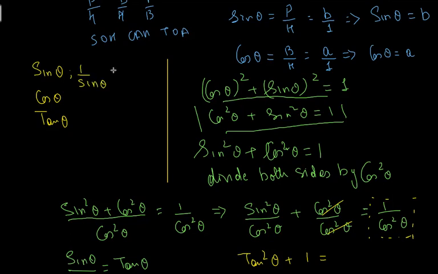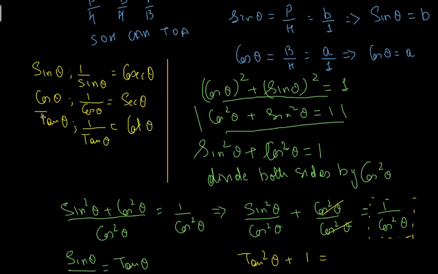This we call cosecant theta. 1 over cos theta is called secant theta. And 1 over tan theta is called cot theta.